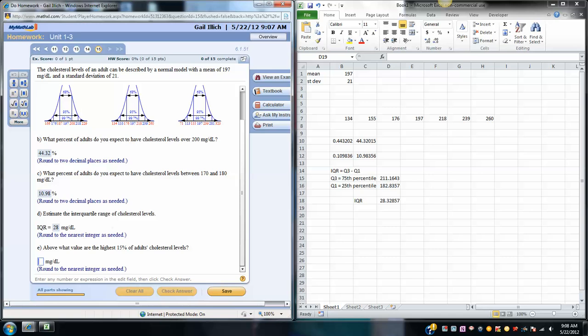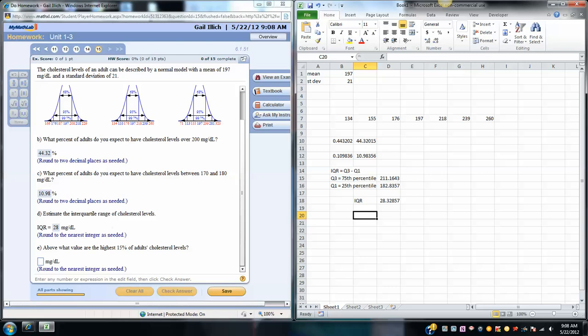Okay, about what value are the highest 15% of adult cholesterol levels? The norm inverse function needs, as its first argument, the area to the left. The highest 15% is the area to the right. So if 15% is up to the right, then 100% minus 15%, or 85%, will be to the left.